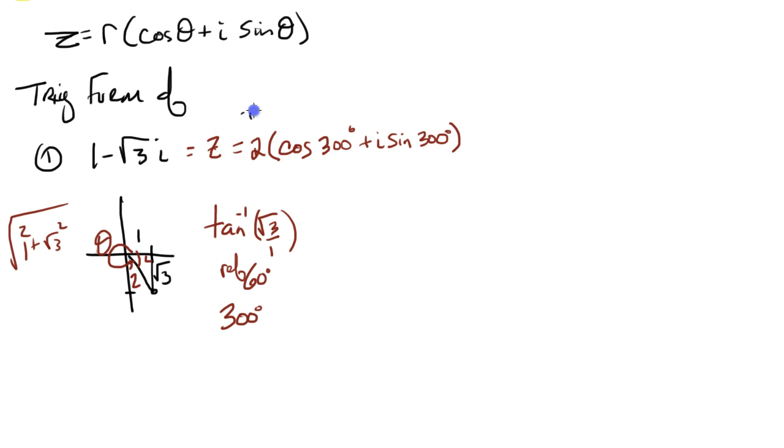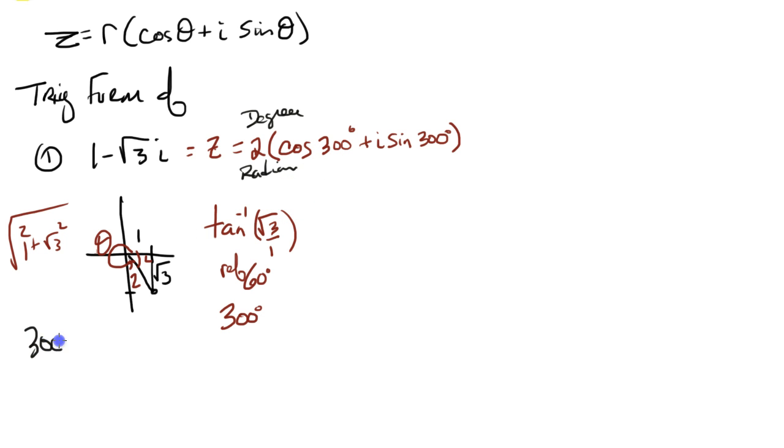Now, this is in degree form. If they say do it in radians, which they would tell you at the beginning of the question, it would say, oh, from 0 to 2 pi or something. Or if they say 0 to 360, you know that's in degrees. Well, I need to convert 300.